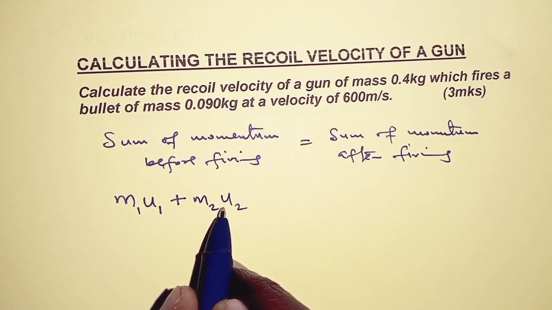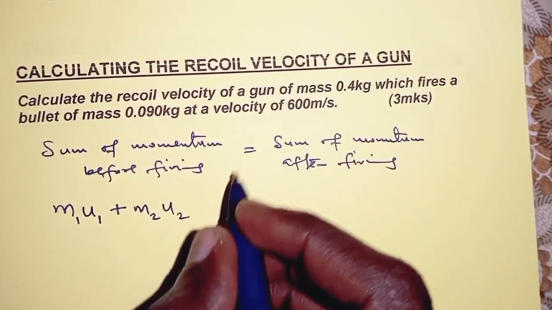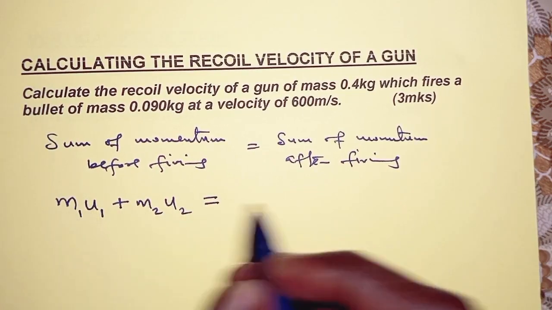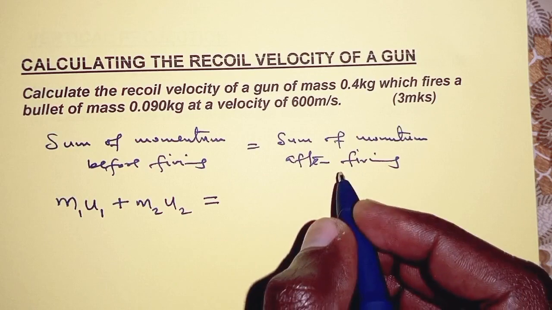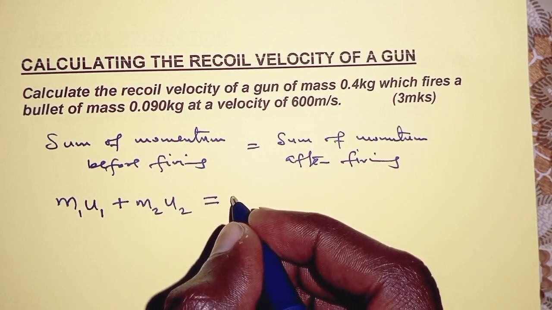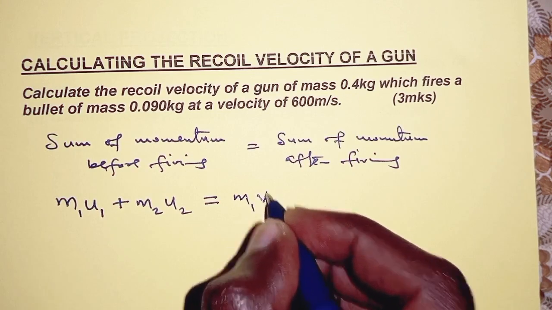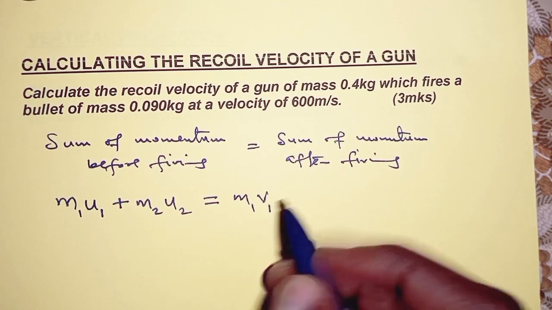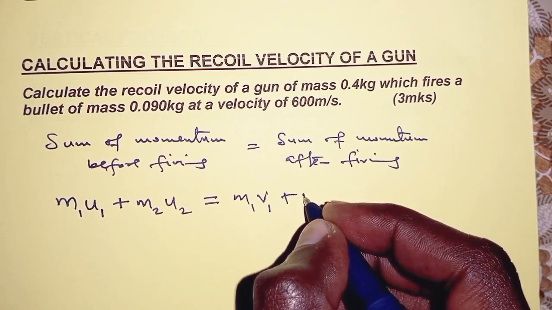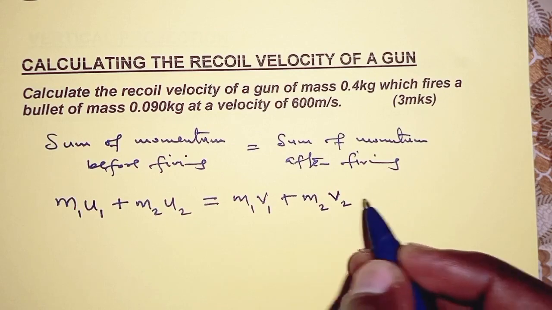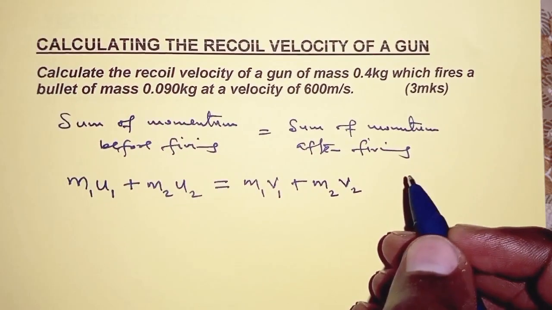This is the initial velocity of the bullet, and then we have to equate that to the sum of their momentum after firing. Then after firing, we have m1 v1, so mass of the gun times the final velocity of the gun, plus m2 v2, that is mass of the bullet times the final velocity for the bullet.